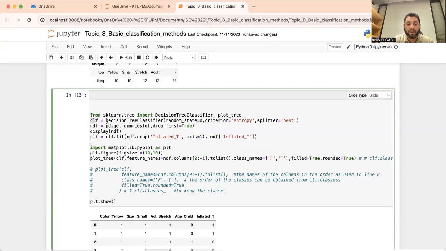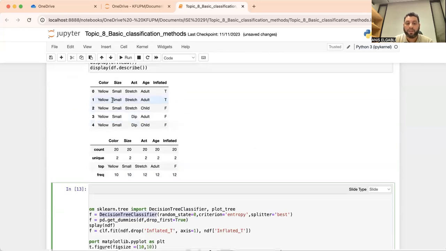So here we created the classifier. Here we encoded all of our input features to numeric values because the decision tree classifier takes numeric data. It doesn't work with categorical data.